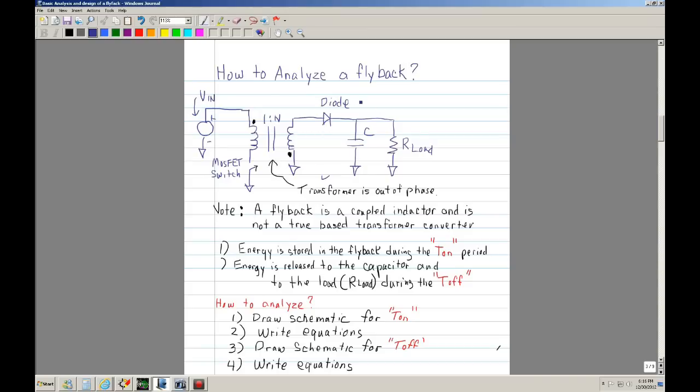Okay. Now the other component that you need is a diode to rectify the voltage and open when needed, and a capacitor to store the charge, and you have an Rload.